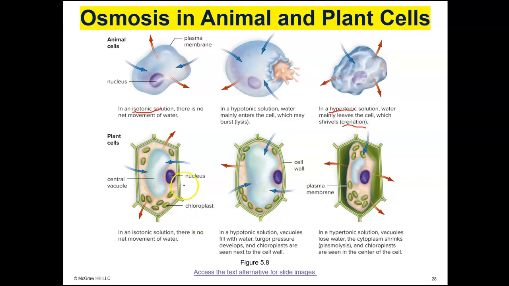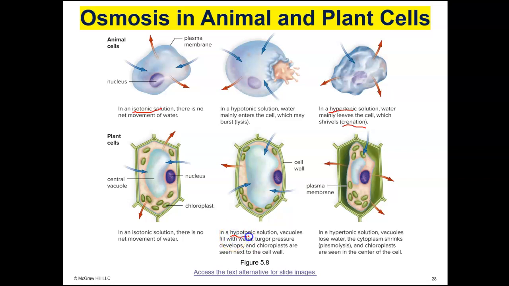In a plant cell, since a plant cell has a cell wall, it behaves a little differently. In an isotonic solution, it just basically remains normal. The chloroplasts and other organelles are kind of distributed throughout the cell normally. If the plant cell is placed into a hypotonic solution that has a lower solute concentration, then it's going to start to swell.